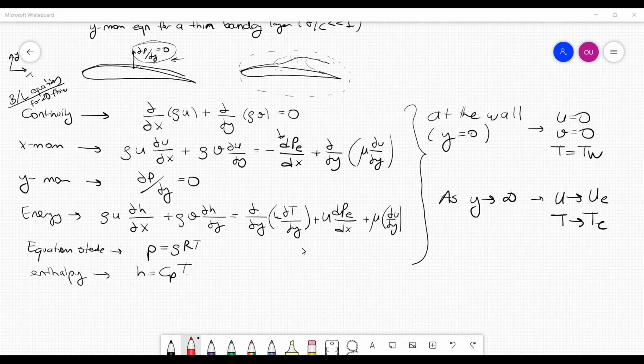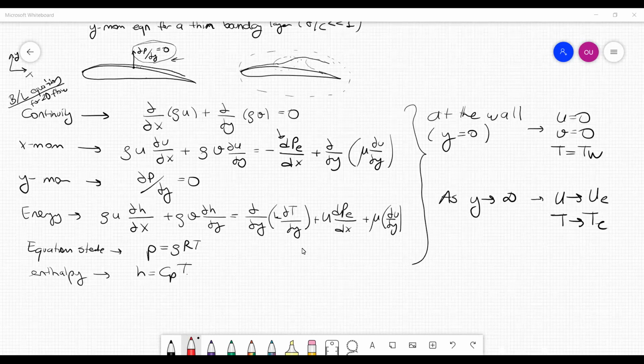What that means is we investigated the terms in the Navier-Stokes equations one by one, keeping in mind the fact that boundary layers are very thin, very small.